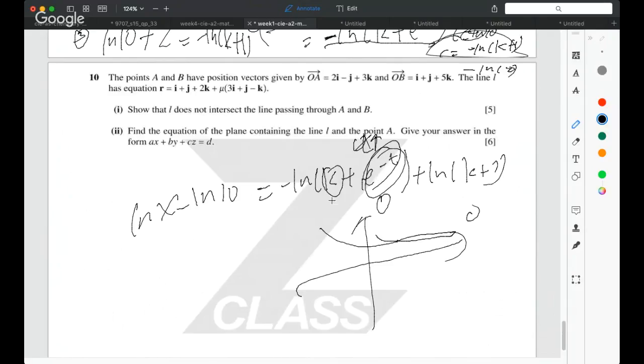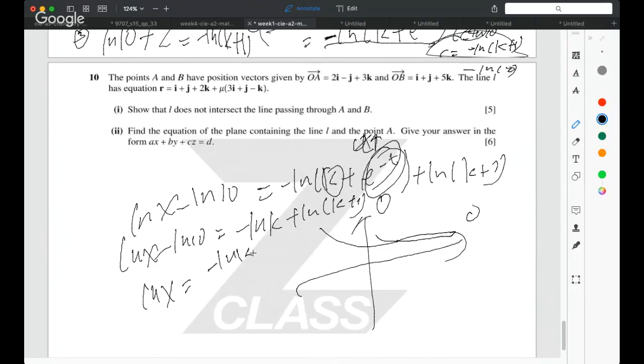So now the equation becomes ln x minus ln 10 equals minus ln k plus ln (k plus 1), right? Because the limit for this value is 0. If we rearrange, ln x is equal to minus ln k plus ln (k plus 1) plus ln 10.